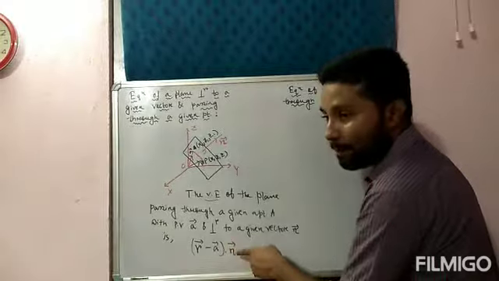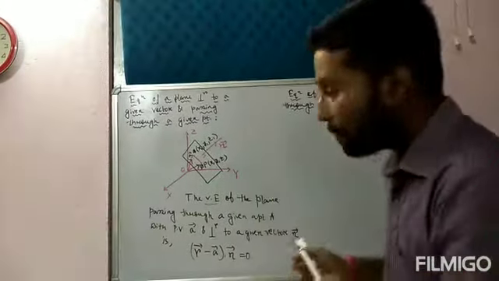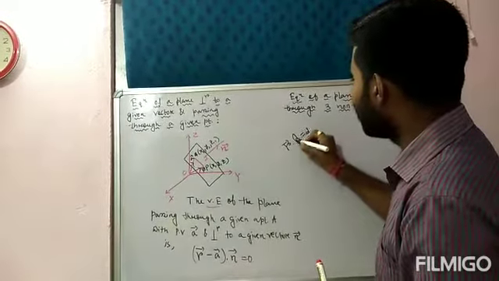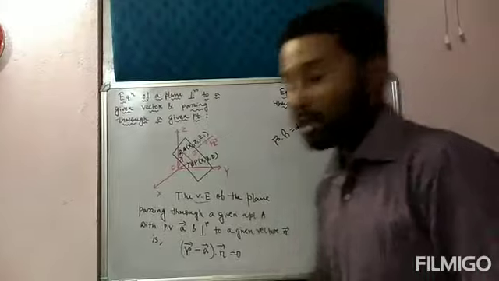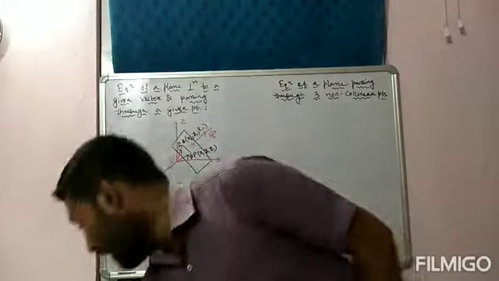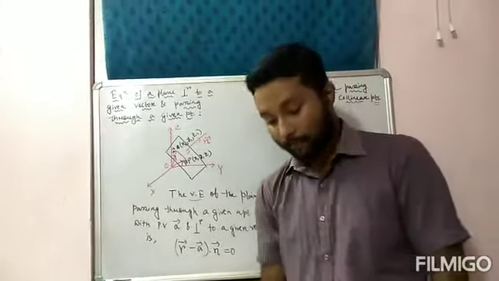Don't use n cap. N cap we use only in the first type, the equation of a plane in normal form, which was r dot n cap is equal to d. That was in the first type, but not in the second one. So (r minus a) dot n bar equals 0 is the vector equation.